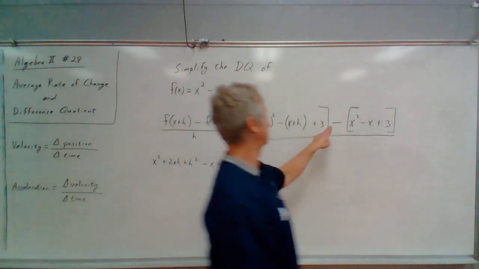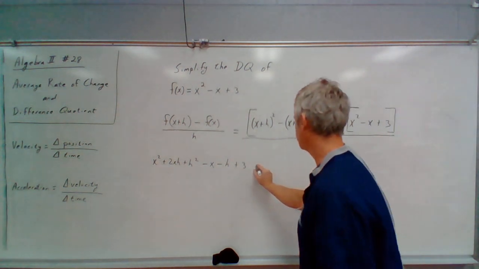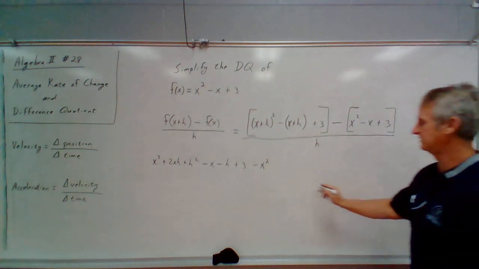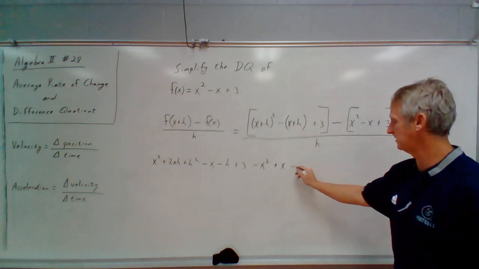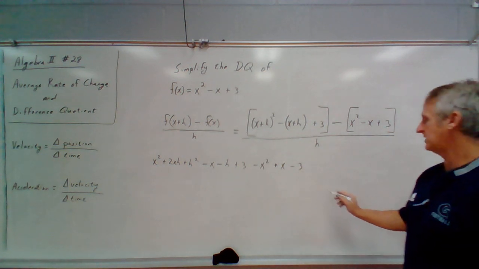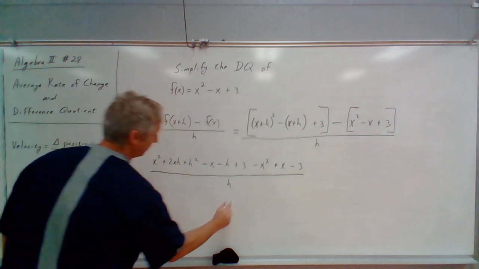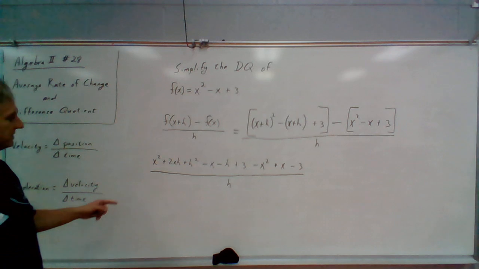Now, this minus will apply to every term in here. So I'll have minus x squared plus x minus 3. And that's still all over h. All right, now let's simplify.